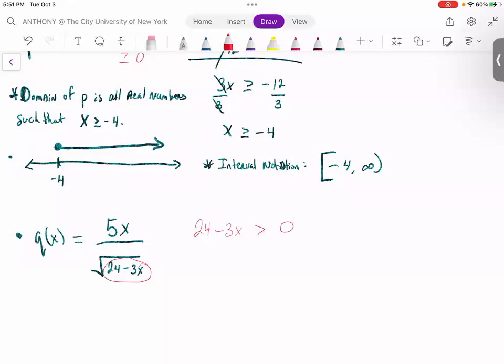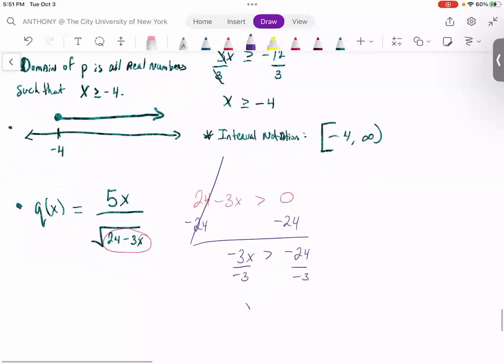And now you solve this inequality. Here's how this works. Subtract 24 on both sides. The 24s cancel, and you get negative 3x is greater than negative 24. Next, you divide by negative 3. You'll get x on one side because the negative 3s cancel.